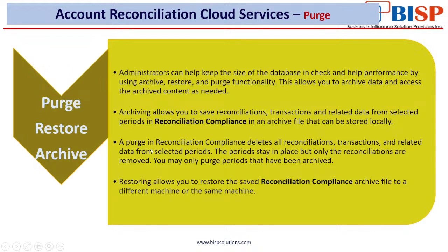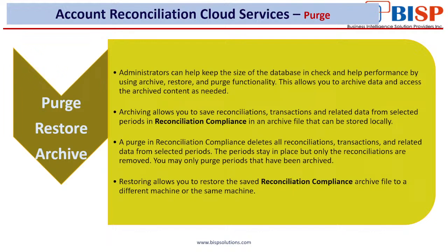Purging deletes all reconciliation transactions and the related data from a selected period. The period may stay in place, but only the reconciliations are removed. You may only purge periods that have been archived. So the periods stay in place; with purging, only the data is deleted, not the profile, the format, or the properties we define for a profile.